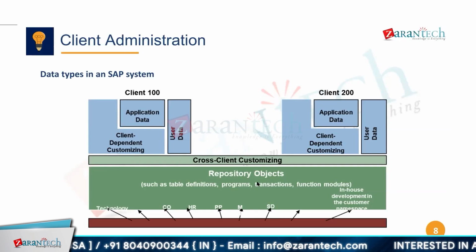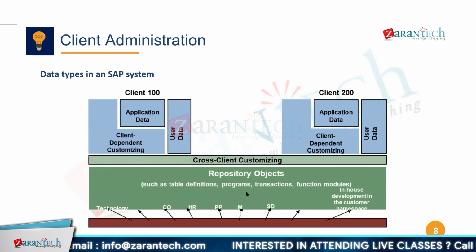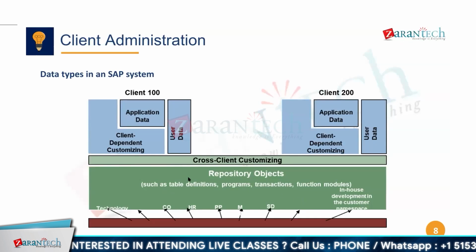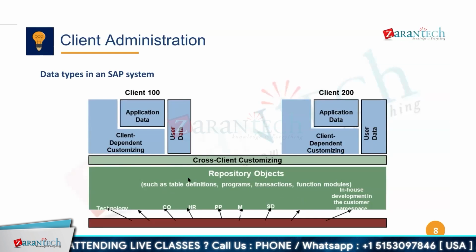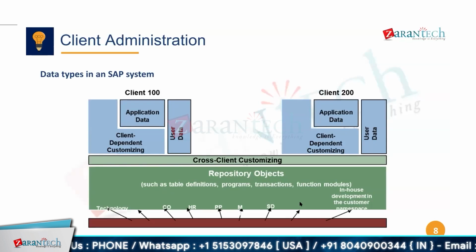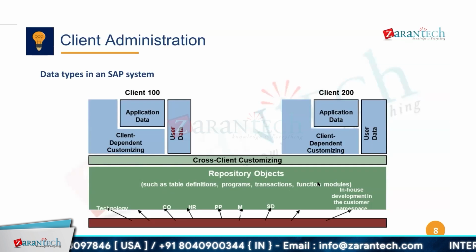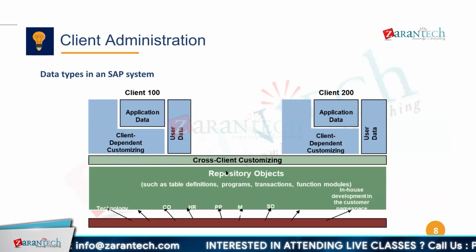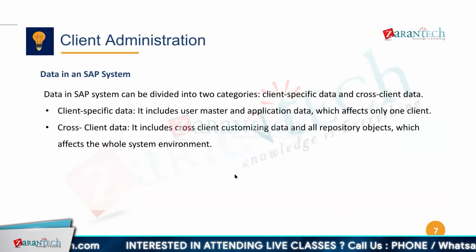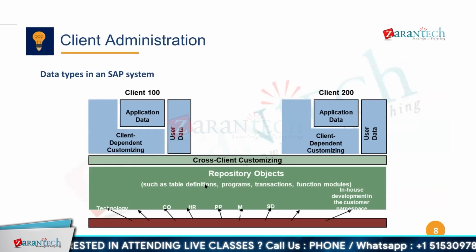ST22, SM21, or whatever the transactions. These transactions have to be available in all the clients. So these repository objects are also common for all the clients, such as the table definitions. I mean the definition of the table, not the content of the table, the structure and the definition of the tables, and then the function modules. SE38, some reports we call, the batch jobs, whatever they use. So all these standard functionalities have to be available in the repository objects.